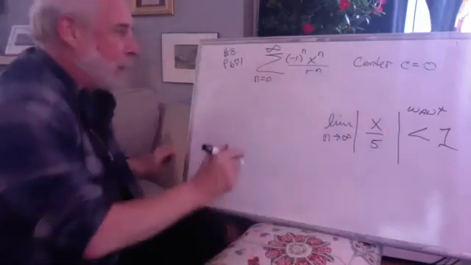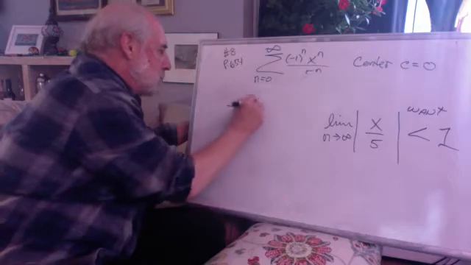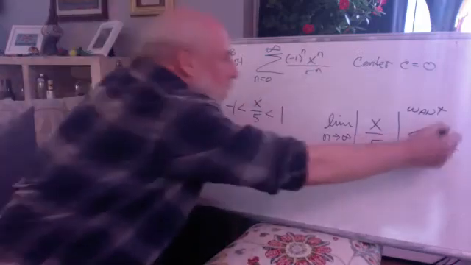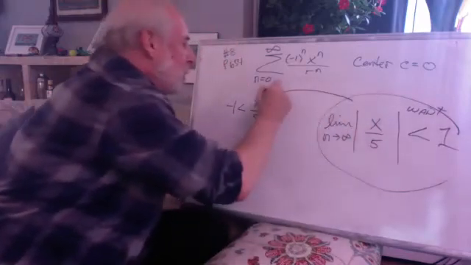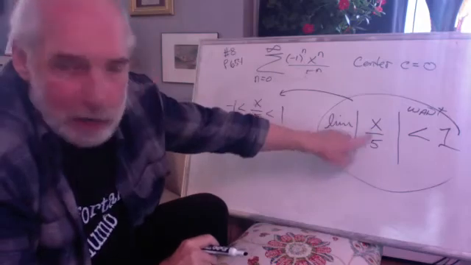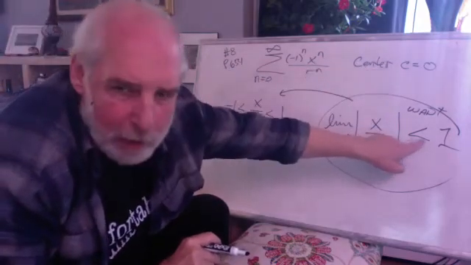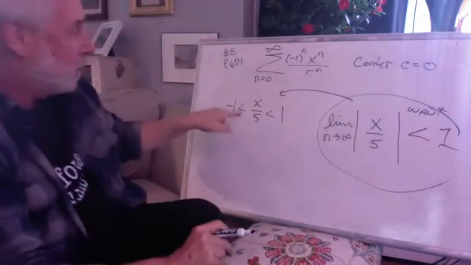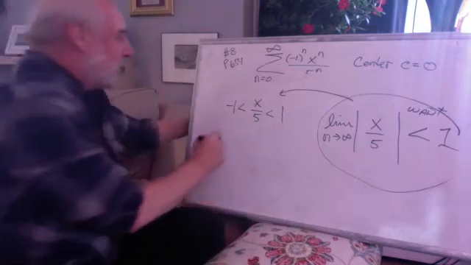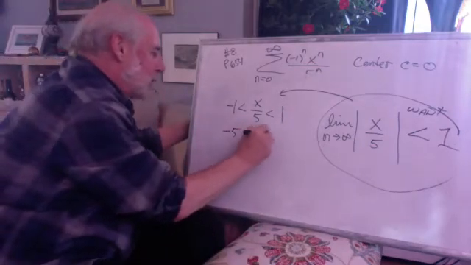So from here, we know that all of this puts me over here. We need the absolute value of x over 5 to be less than 1. And so here's what we need for convergence. So now multiply both sides by 5, and we get negative 5 less than x less than 5.